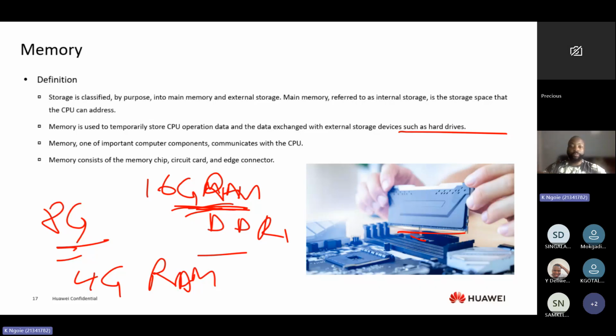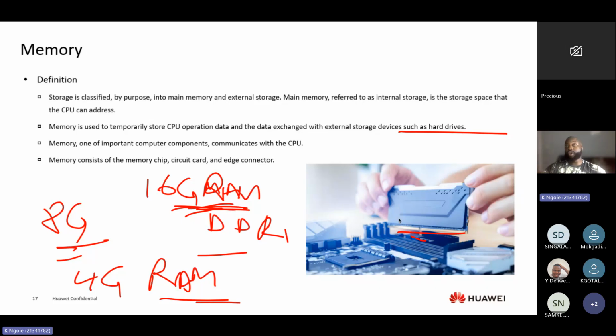All right, but remember one thing: the RAM will only keep information as long as the computer is still on. If you switch off the computer, everything is deleted from the RAM. That's why the RAM is considered to be a volatile memory, because all the information disappears as soon as you switch off your device.